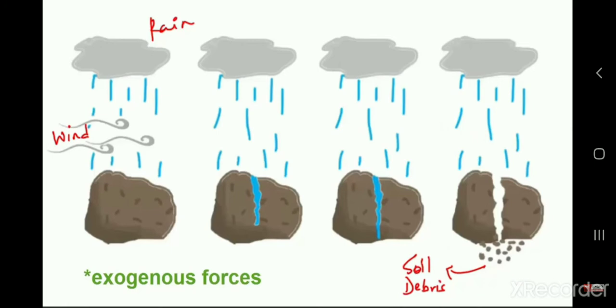That is why they are reduced into pieces. These rock particles get transported by rivers, glaciers, and winds towards low-lying areas and are deposited there. Because of exogenous pressures, meaning rain and wind, cracks form in the rock.